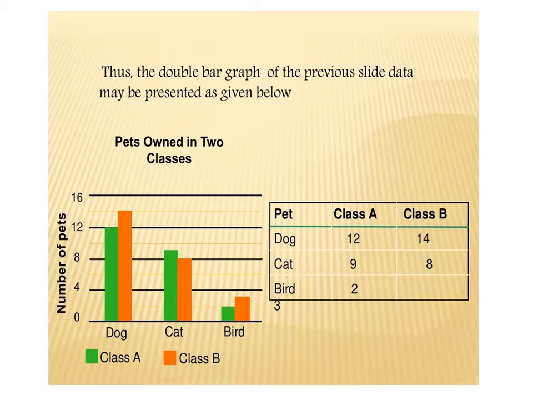Now in the case of birds, in class A there are only 2 students, so the green color goes to 2, which represents class A. And in class B, the orange color represents the birds. Now from this bar graph you can easily understand the double bar graph of the given data.